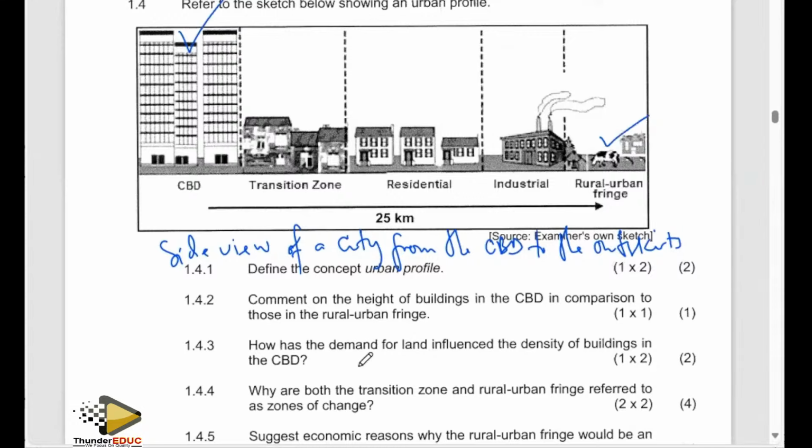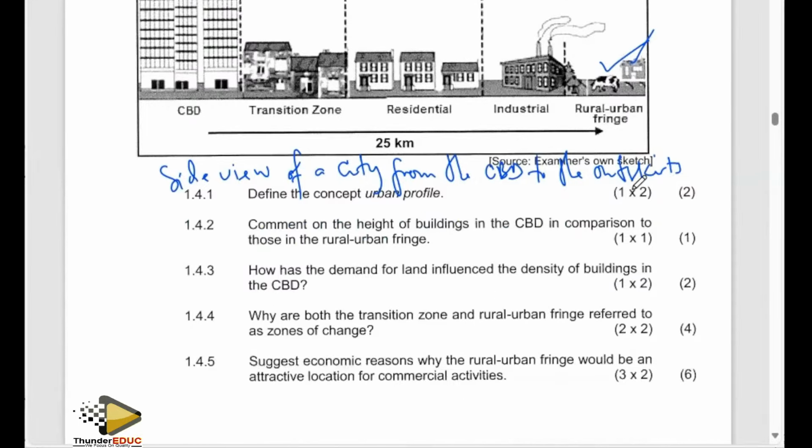It's clear here, these buildings are tall. High-rise buildings, and these ones, you check the height there, you can see that they are not the same. So we have taller buildings or skyscrapers in the CBD, and we have short buildings located away in the rural urban fringe.